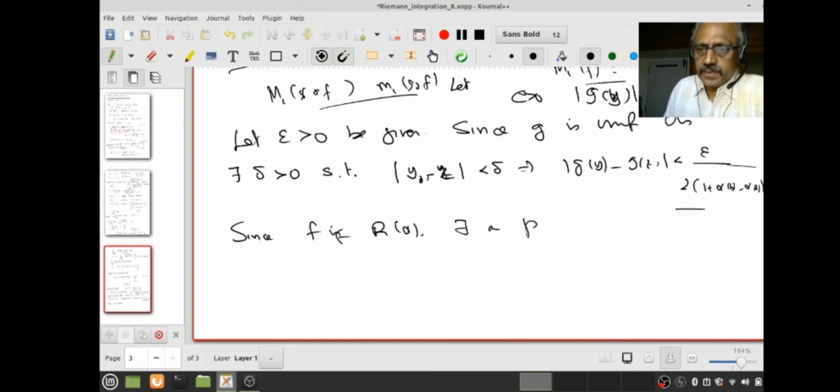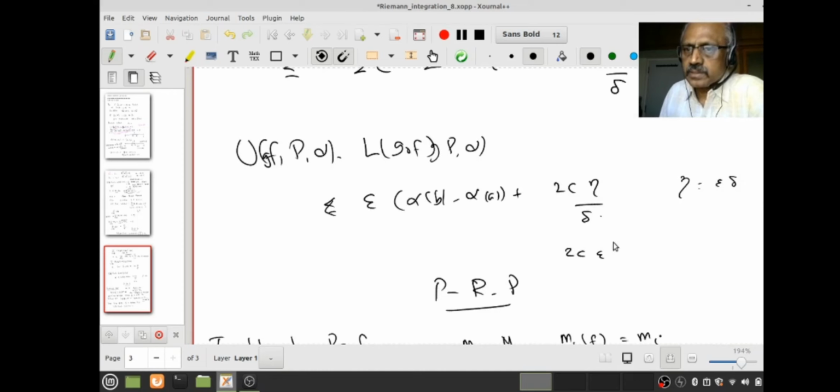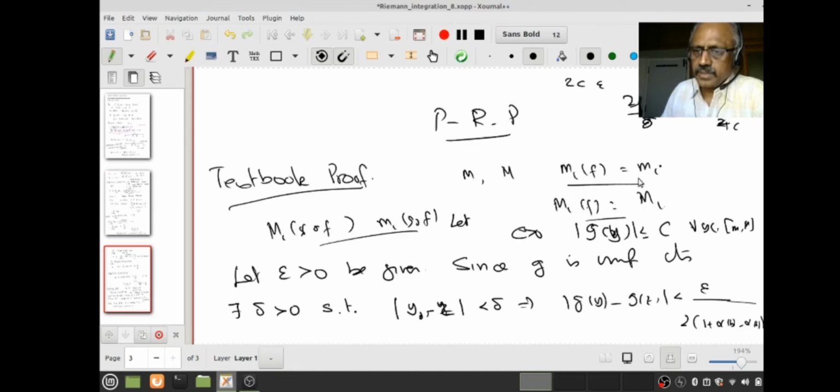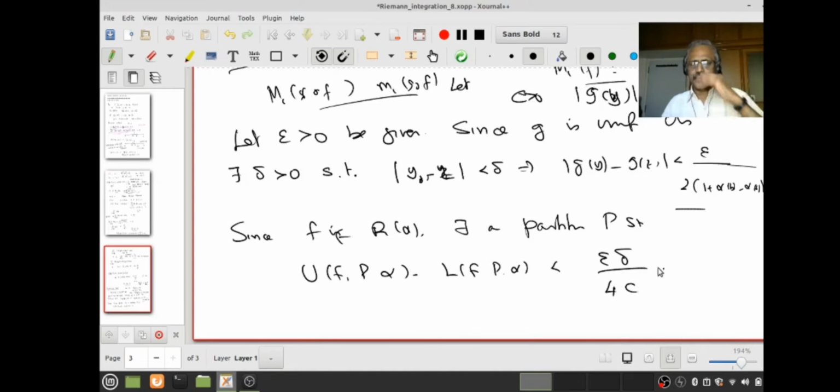There exists a partition P so that UF P alpha minus LF P alpha is less than something to do with epsilon. Let us do that. This 2c eta by delta, I want it to be less than epsilon by 2, therefore eta should be epsilon delta by 4c. So maybe I want this to be less than epsilon delta by 4c.